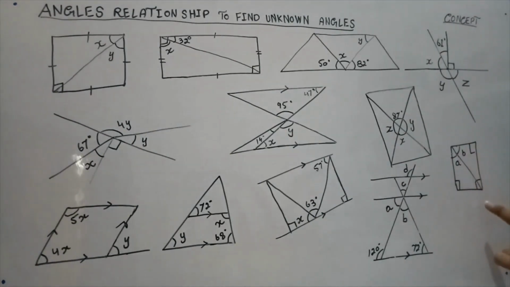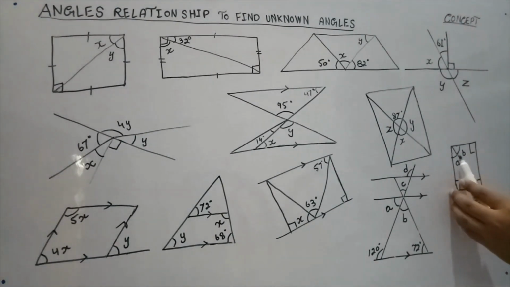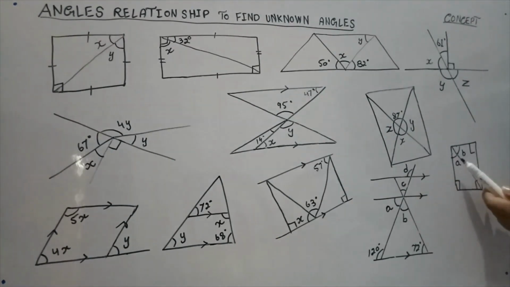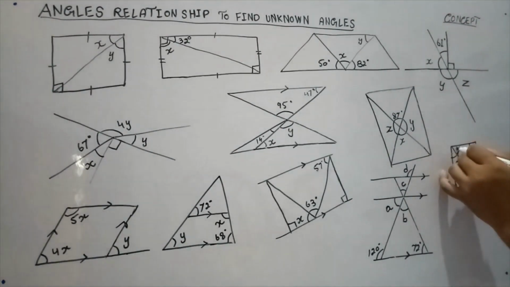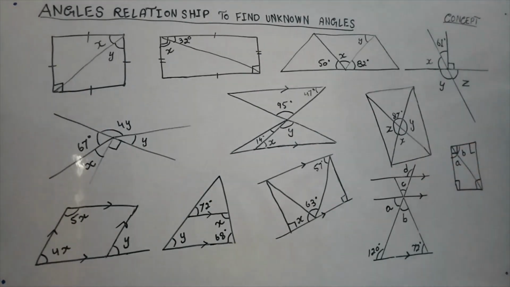In a rectangle or any other shape, the diagonal will cut the angle, but not in equal parts. So in a rectangle, angle A plus angle B will be equal to 90 degrees, because the total is 90 degrees.